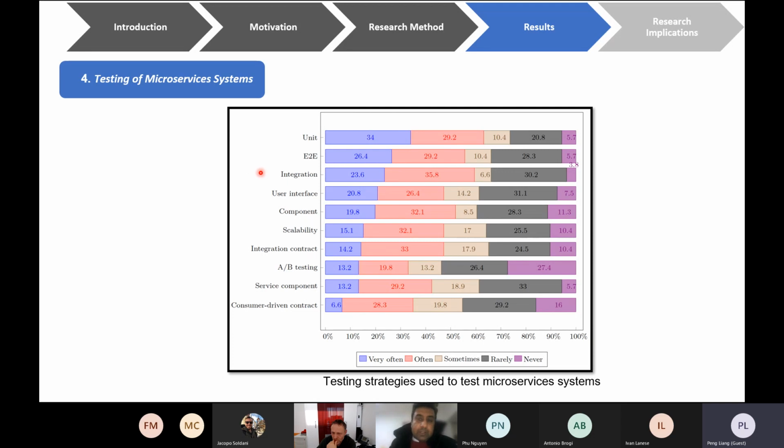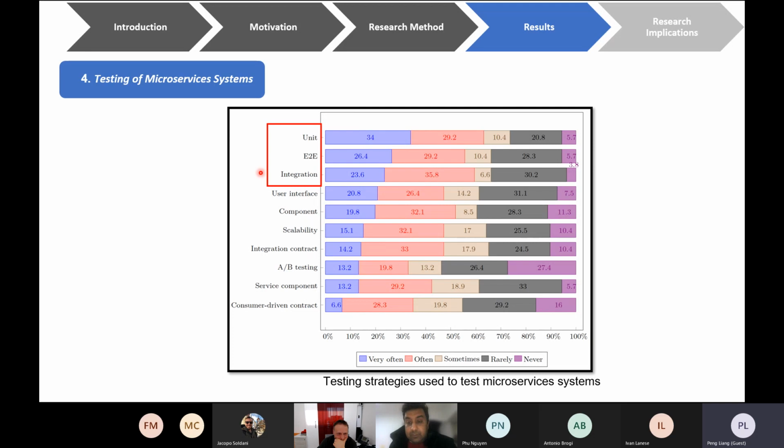According to the responses, the top 3 most frequently used testing strategies are unit testing, end-to-end testing, and integration testing. Again, similarly to other questions, we asked about the reasons for using the top 3 strategies.